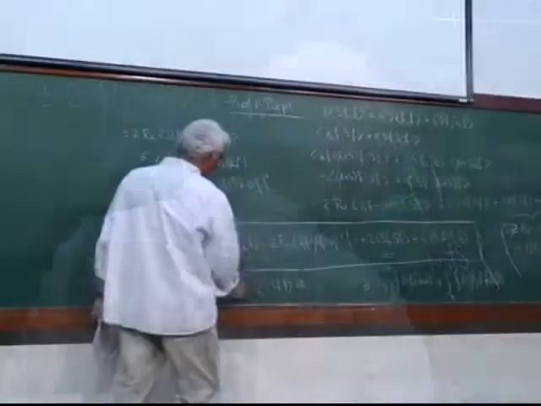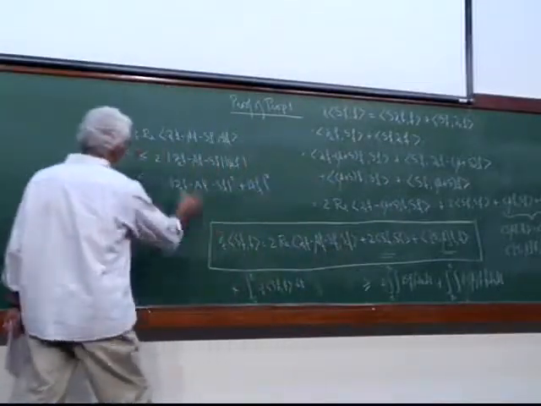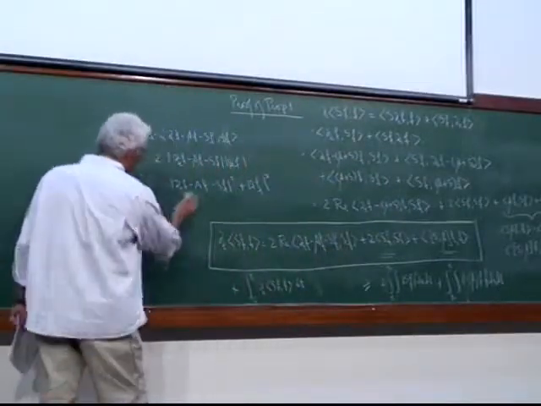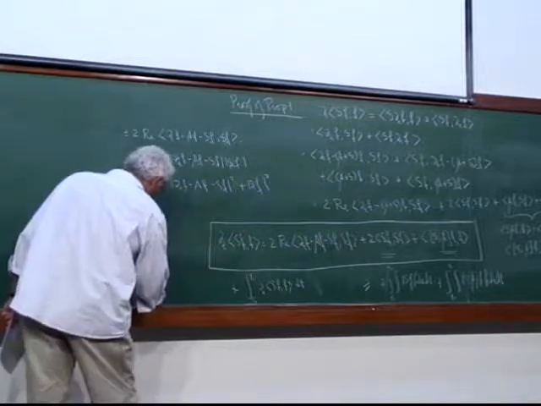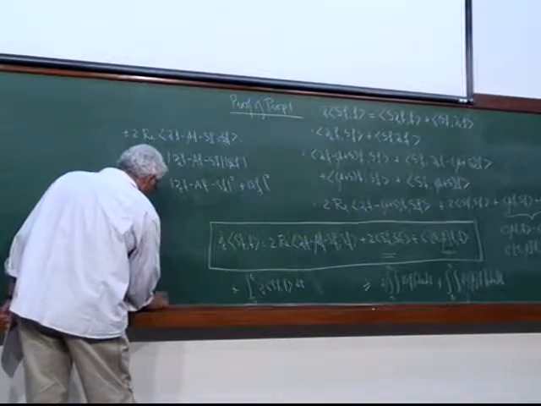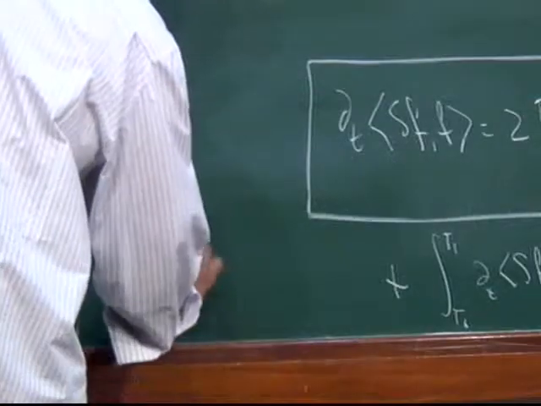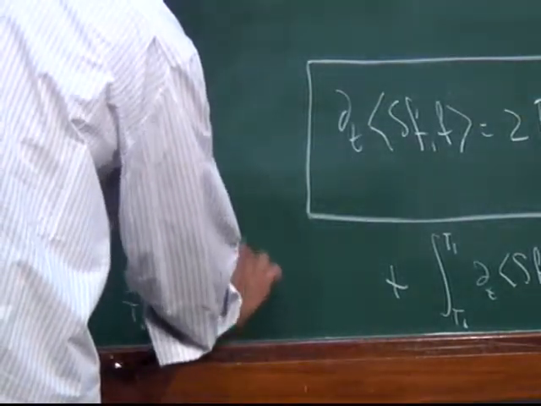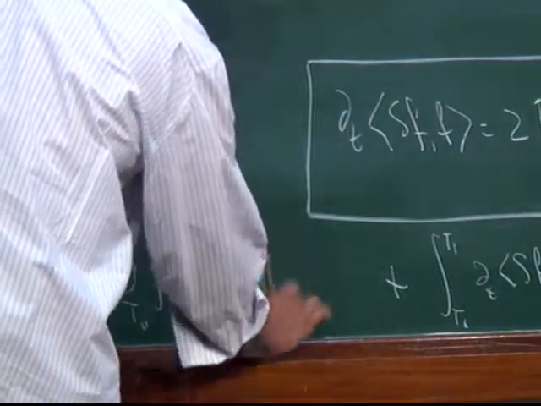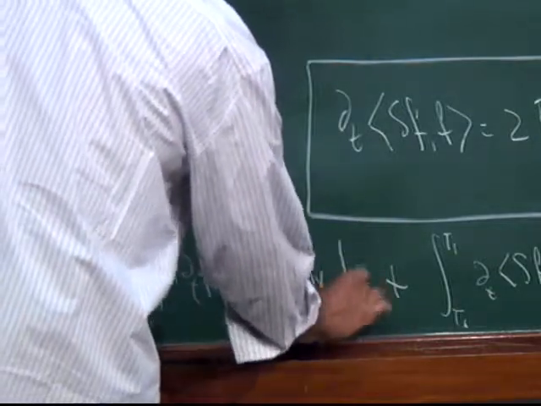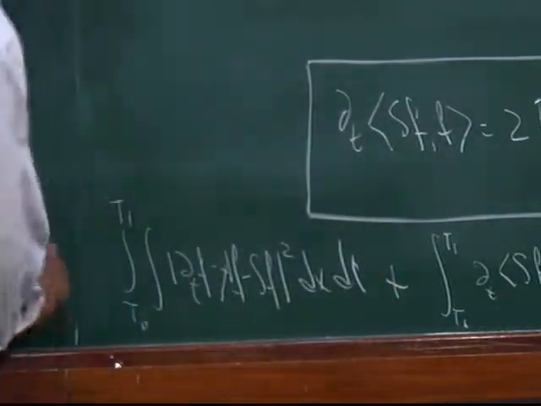Okay? And then this integral that you pass to the other side with a minus, and you have this. You have the integral of this. And then you have the integral of this.